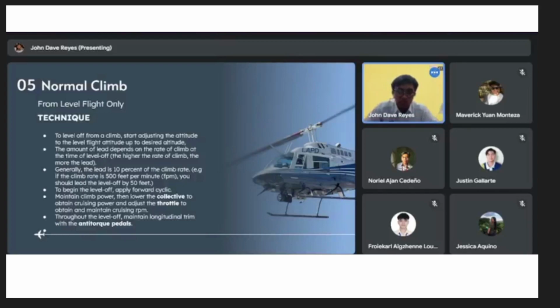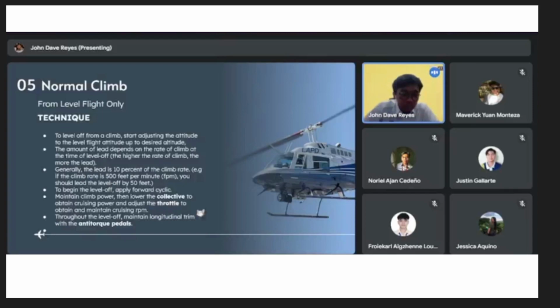So what is lead? Lead is like an advanced command of the pilot to the helicopter, since the collective pitch or the cyclic pitch that the pilot applies to the helicopter has delayed effects that will delay the level flight that the helicopter must reach.